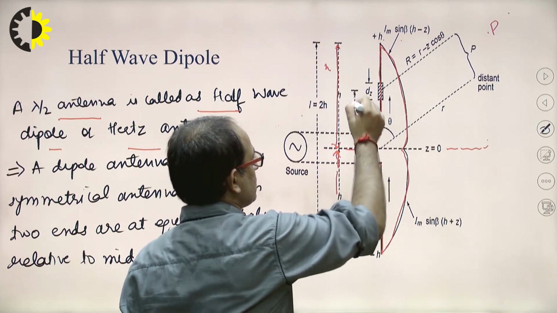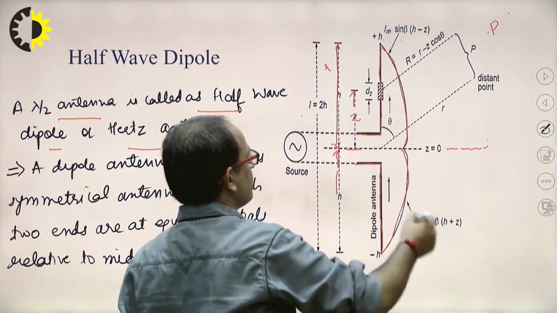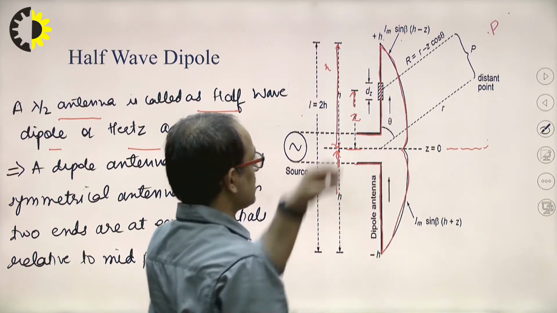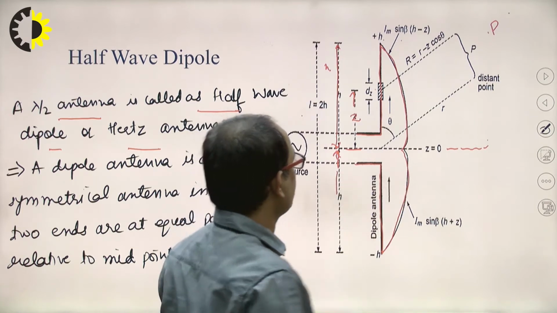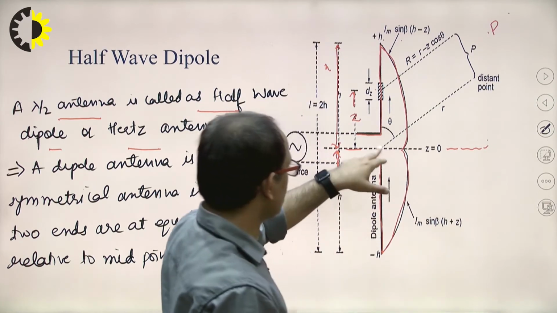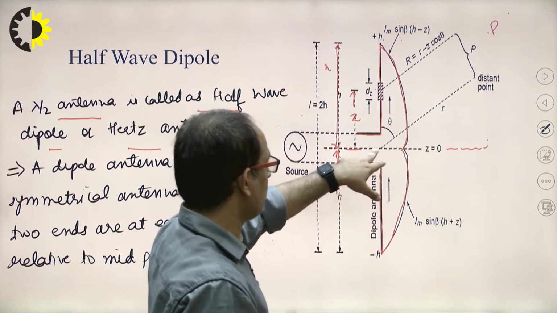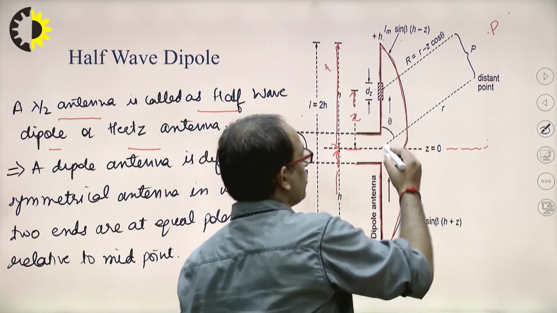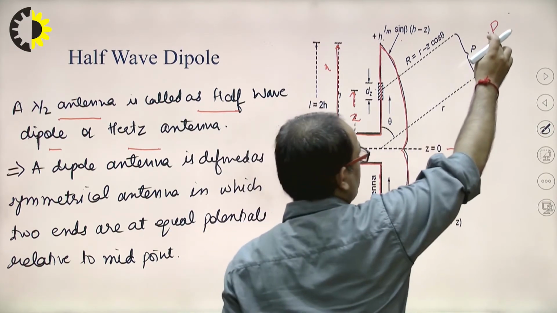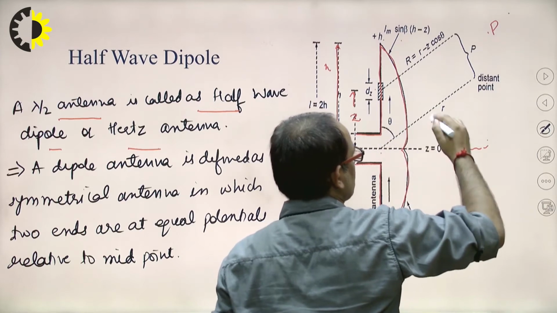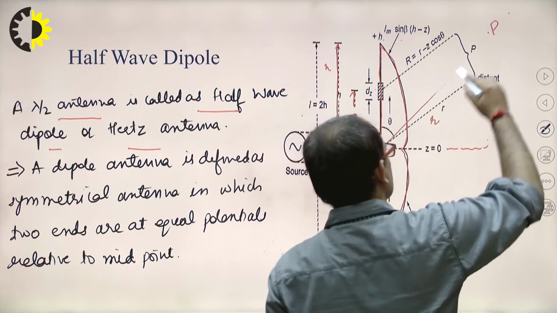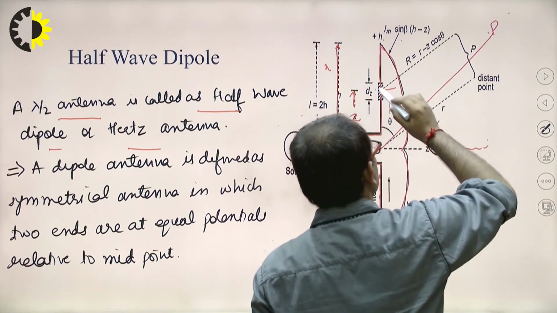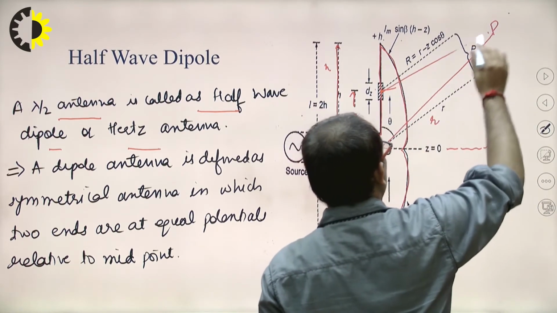This dz is the small element at distance z from the origin, or the center of the dipole, and the distance from the origin to point P is r. So what will be the distance from dz to point P?